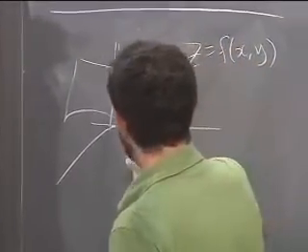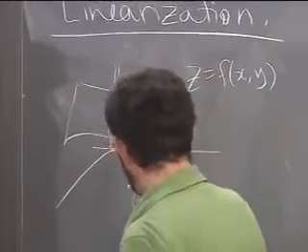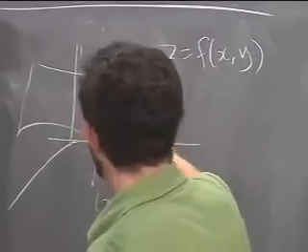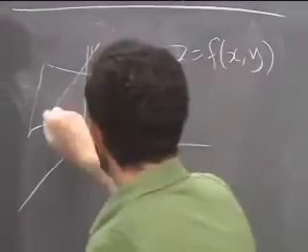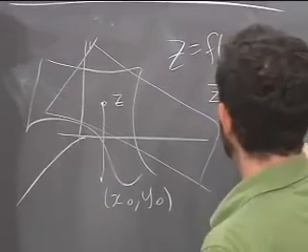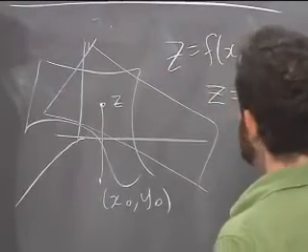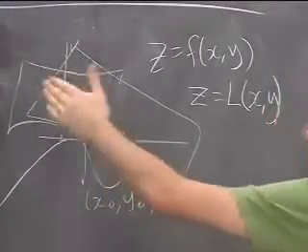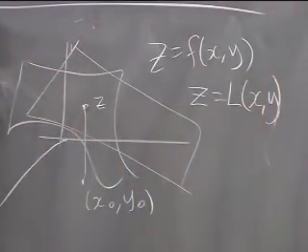I have some point x0, y0, and so z is this point on the surface, and the tangent plane has an equation that looks like z equals L of x, y. And the idea, again, is that when I'm near this point, the tangent plane is very close to the surface.